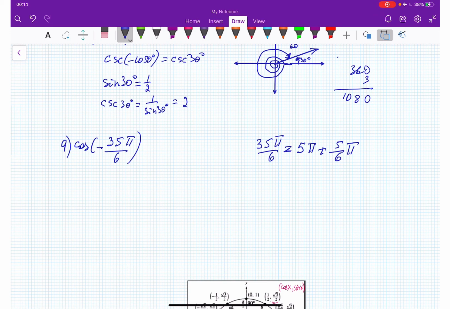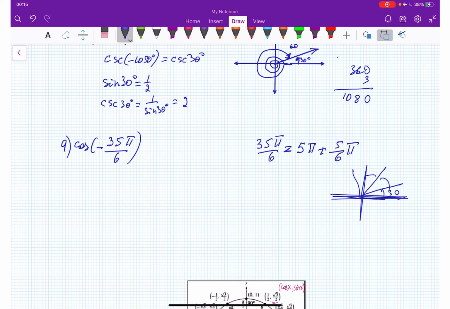So when we have 5 over 6 pi, what does that mean? Let's say this is our pi, right? We have to divide by 6 pieces. Since every quarter is 90, each quadrant we divide into 3 pieces, 30 degrees each, because 3 times 30 is 90.